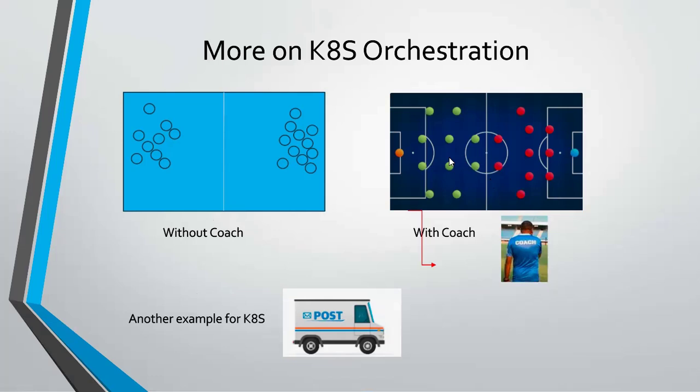If there is no coach in a football game, then there will not be any rules and regulations, all the players will be grouped together, there is no proper maintenance of the players, and the match also will not be good.